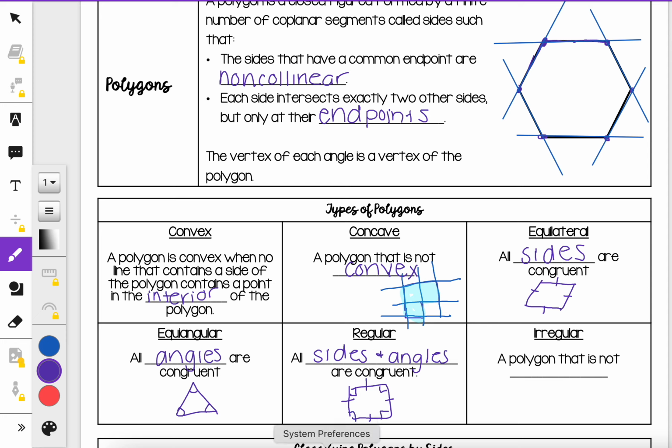If a polygon is not a regular polygon, then it is an irregular polygon. So that is a polygon that is not regular. So if a polygon is equilateral, like this rhombus here, but a rhombus is not equiangular, these angles are all not congruent, we would still say that it's an irregular polygon.